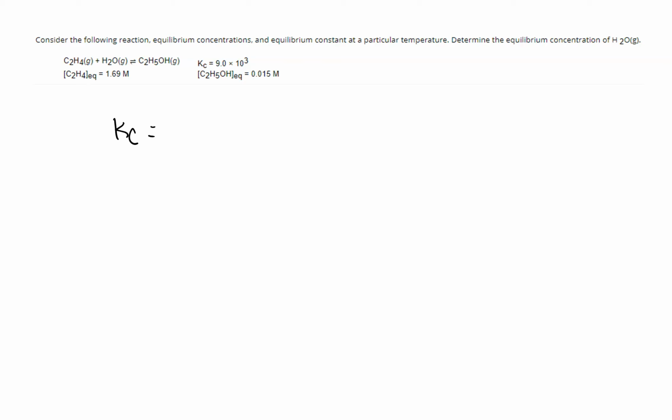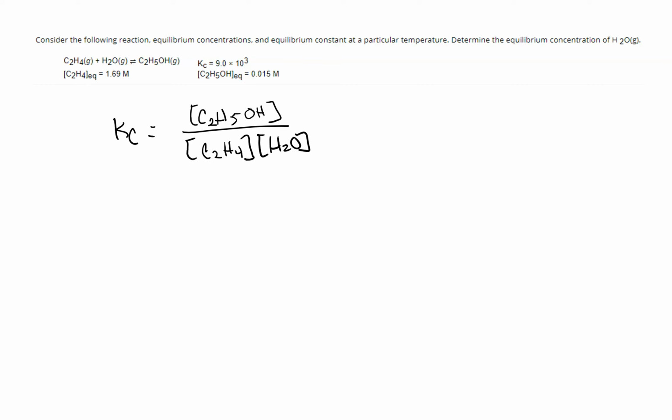K is going to equal our product concentration at equilibrium, C2H5OH for our ethanol, and that's just to the first power, over our ethane, also to the first power, times the concentration of water, also to the first power.